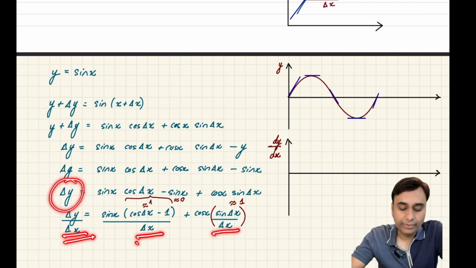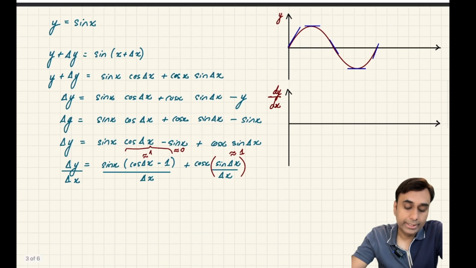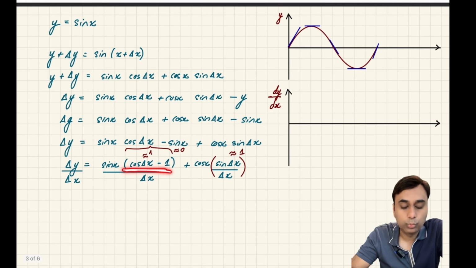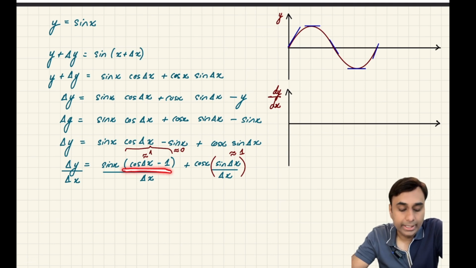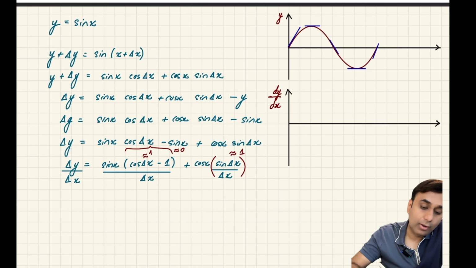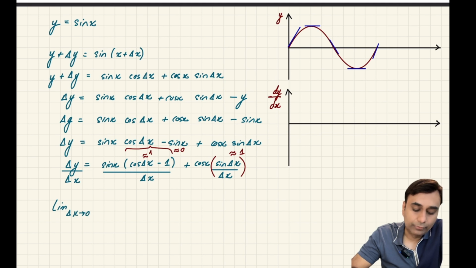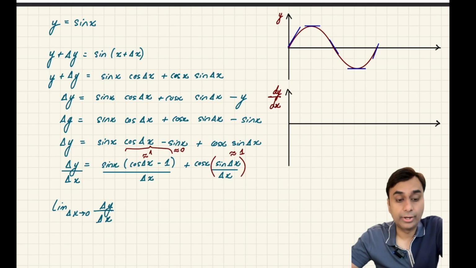So I have divided the entire equation by delta x. Once I divide the entire equation by delta x, now I can apply a limit, which is limit delta x approaching 0, and delta y over delta x is what I'm trying to find out.